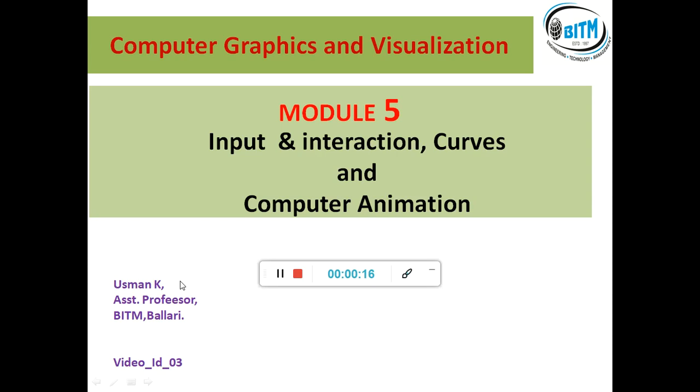In the previous video lecture, we discussed one of the problems on Bezier curve. In that problem, we were given three control points. With the help of three control points, we calculated how many pixels are there in that particular curve, and what is the position of each pixel with respect to the x-axis and y-axis.